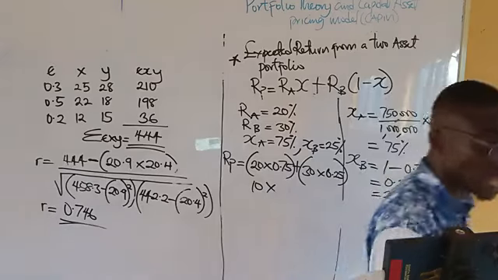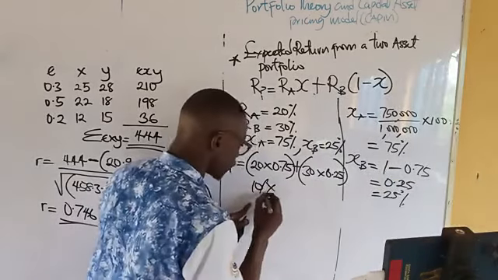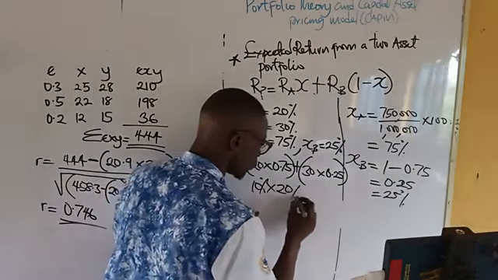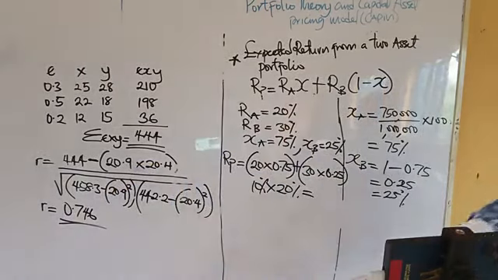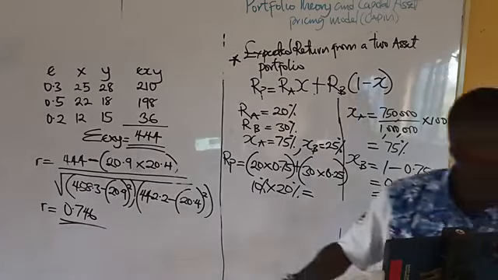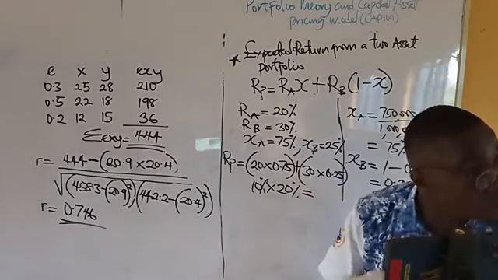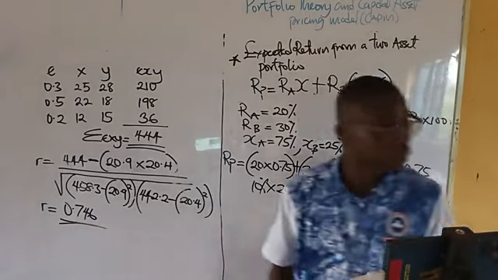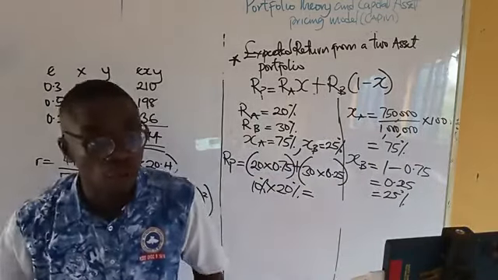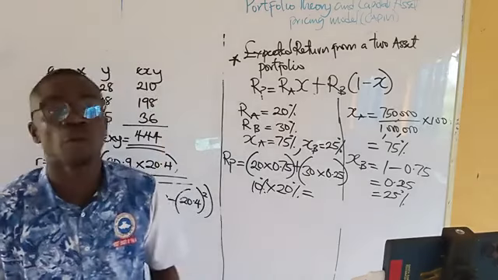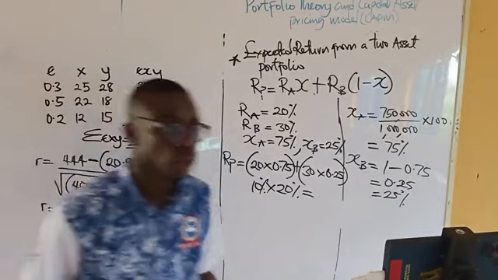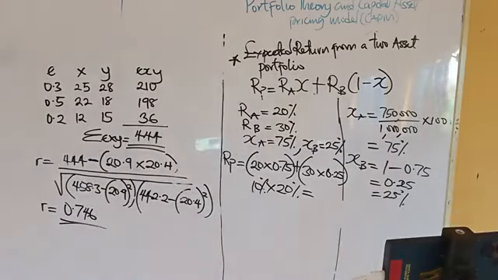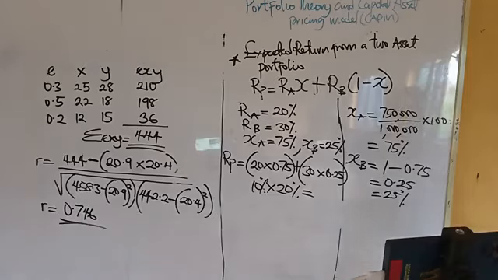If you multiply, let's say 20% times 20%, we are not expressing it in percentage again. It should be 10% plus 10%, which gives us 30%. But if you multiply, what is it going to give you? 300%. So you now divide it by 100 to convert it to percentage.